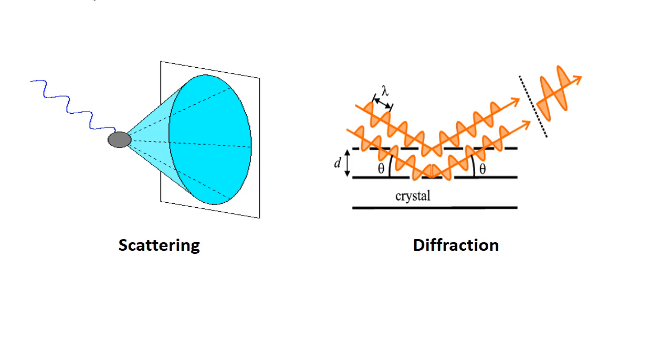You know, diffraction is the property of electromagnetic radiation that causes the radiation to bend as it passes by an edge or through an aperture.